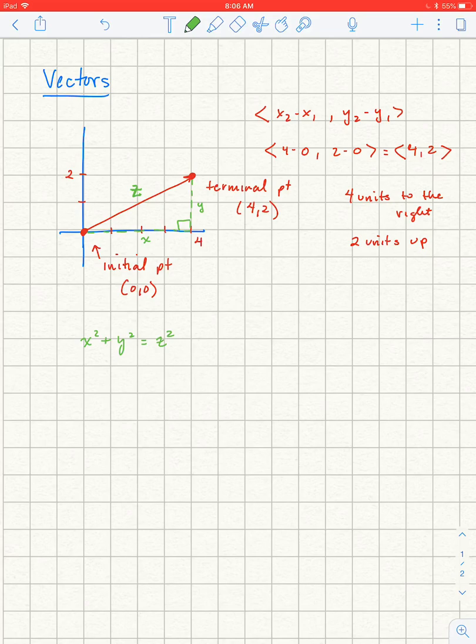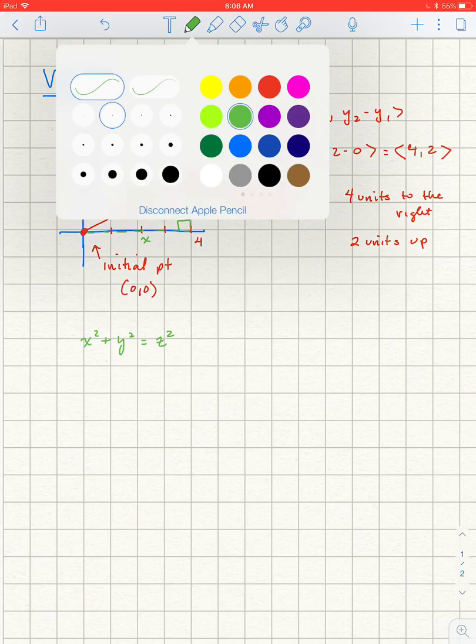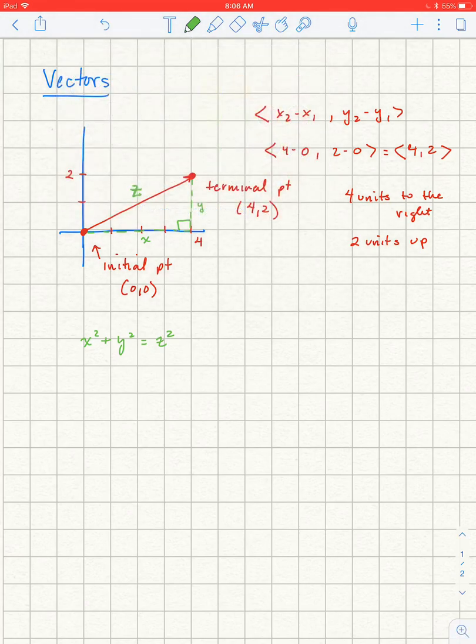So in our situation, we have the x to be 4 and the y to be 2. So you could actually solve for the distance. 2 squared plus 4 squared equals z squared. So 4 plus 16 equals z squared, or 20. So we get square root of 20 is z.